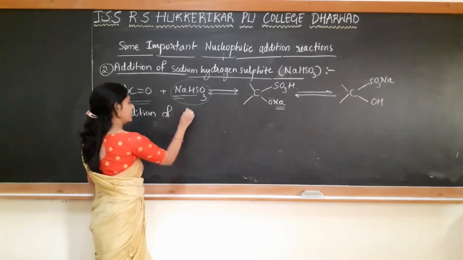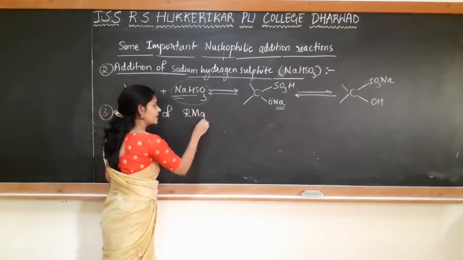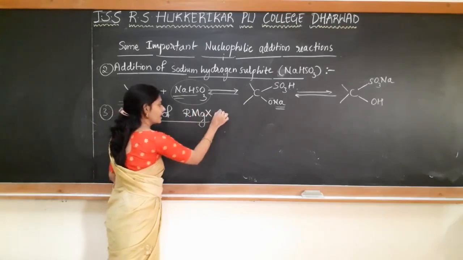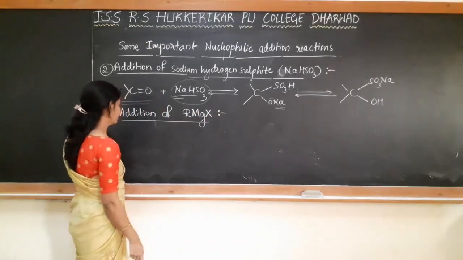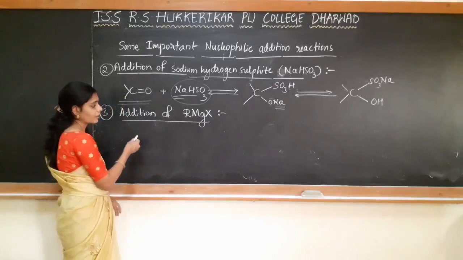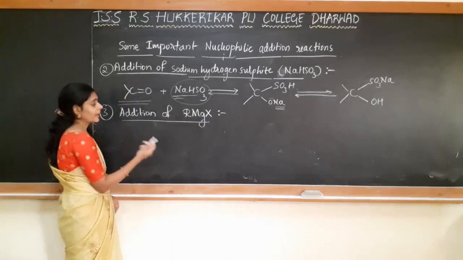The third reaction is addition of Grignard reagent. Grignard reagent is represented as RMgX. This we have already studied in the previous chapter, alcohols, phenols and ethers, as one of the methods for the preparation of alcohols.